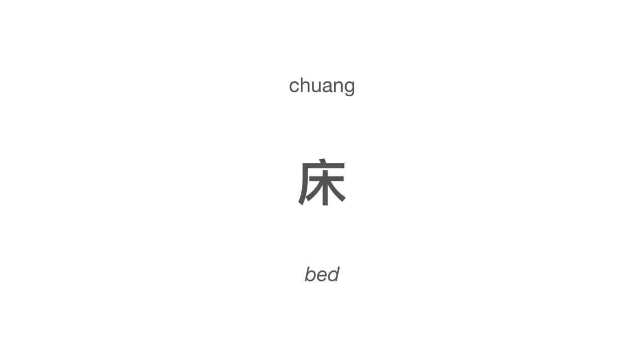So, bed, which tone? Where was the bed? Yeah, on the aircraft, and the aircraft was rising, so it's the rising second tone, 床. And the word for home is which tone? Where was the home? Yeah, it's in the high plane.